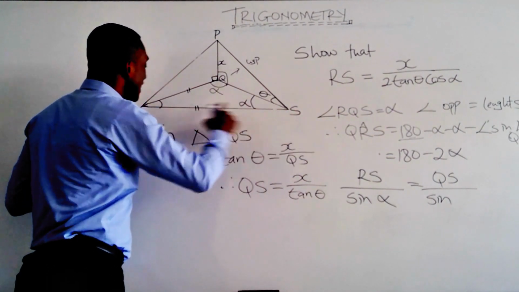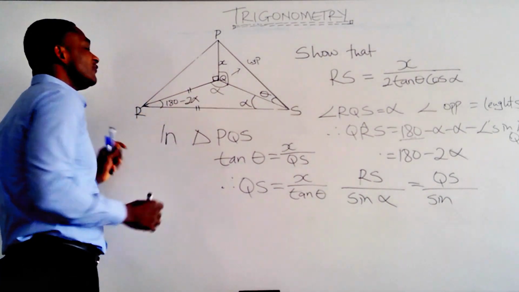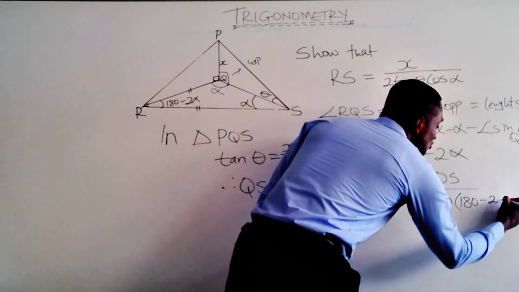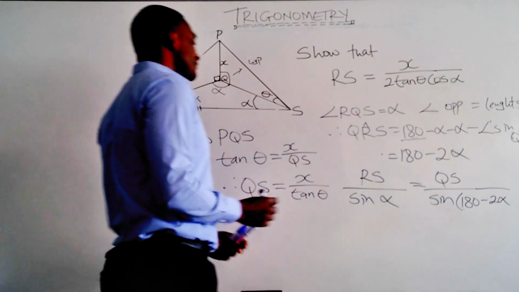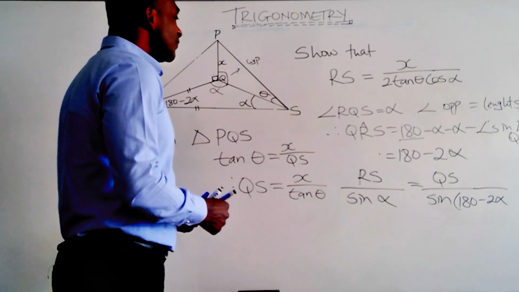Remember, that is the angle QRS that we got as 180 minus 2 alpha. So it's sine of 180 minus 2 alpha.